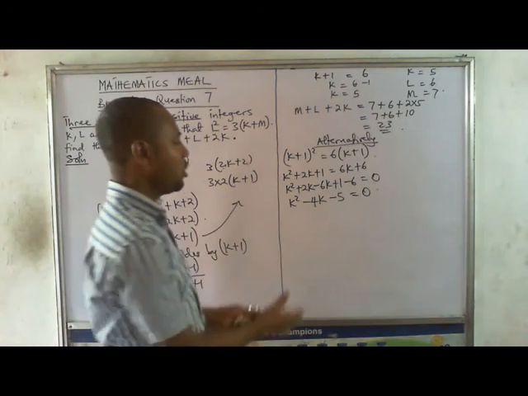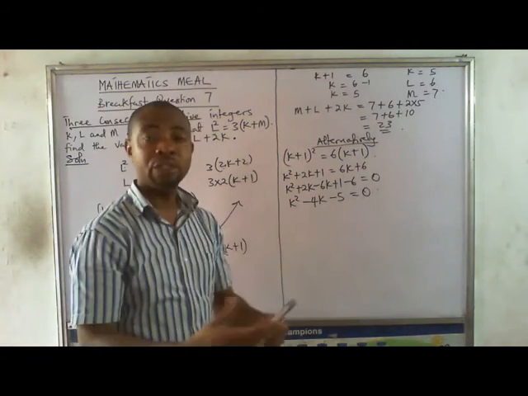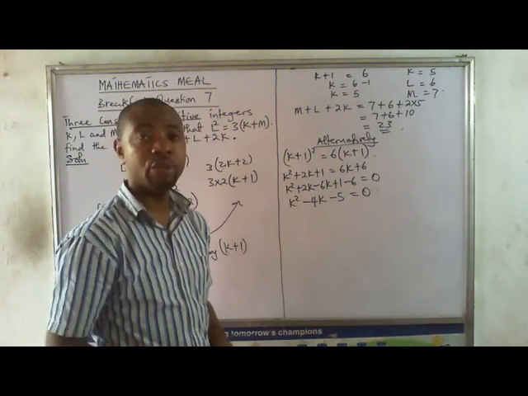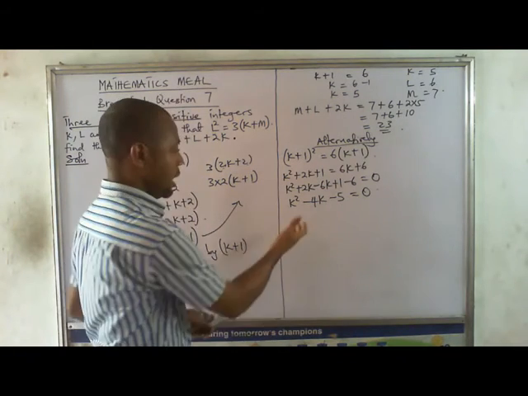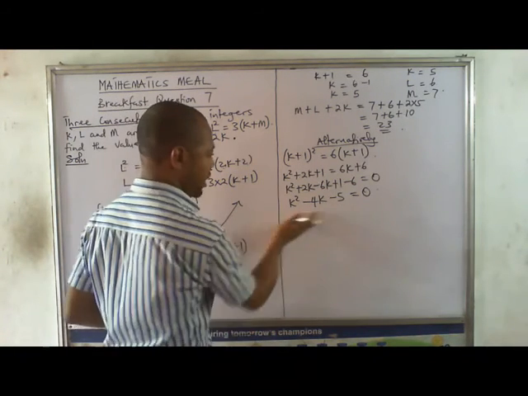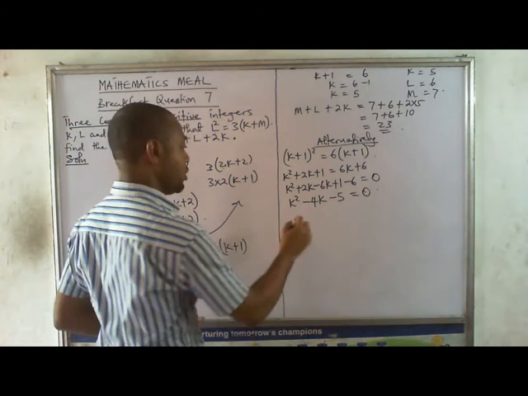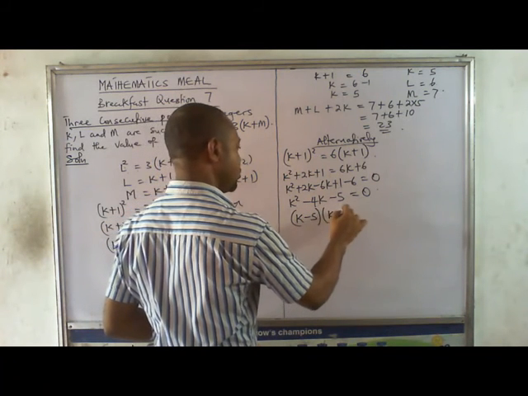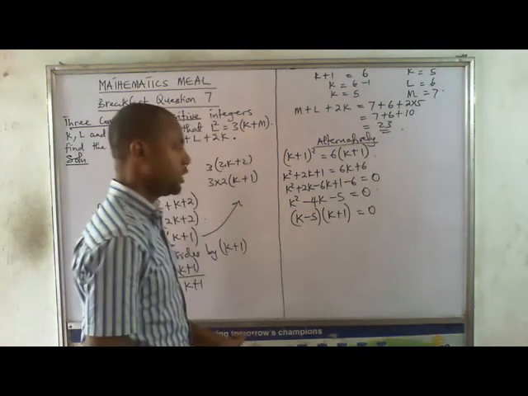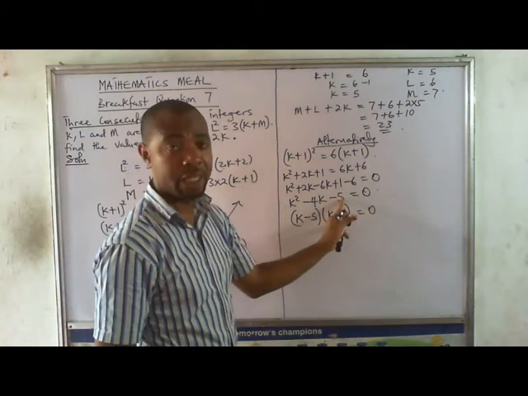So we now look for a way to solve this quadratic equation by factorization, or by completing the square method, or by general formula. Whichever one will be okay. I can use factorization. If I factorize this, I will have k minus 5 into k plus 1 equals 0.